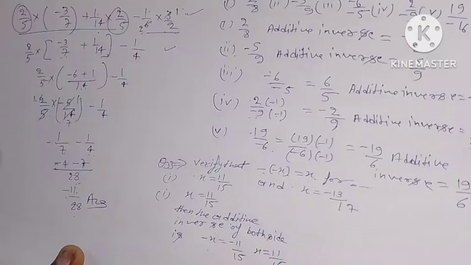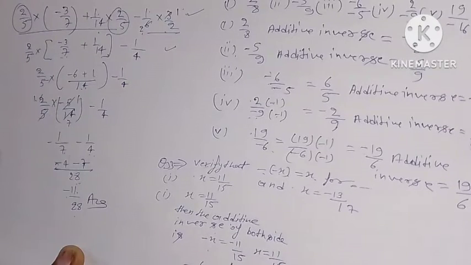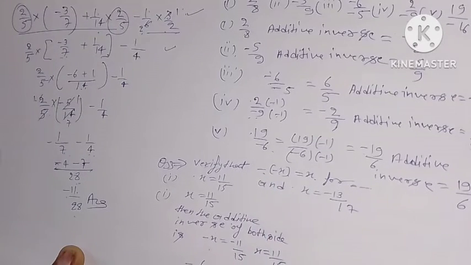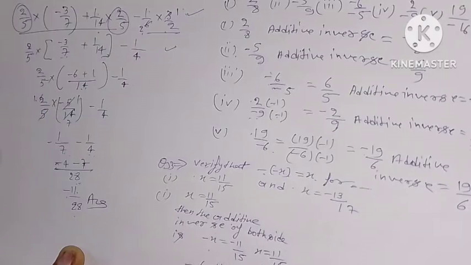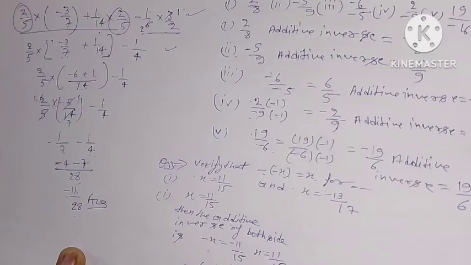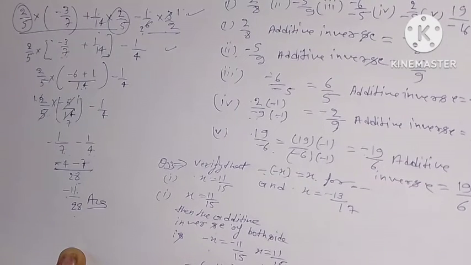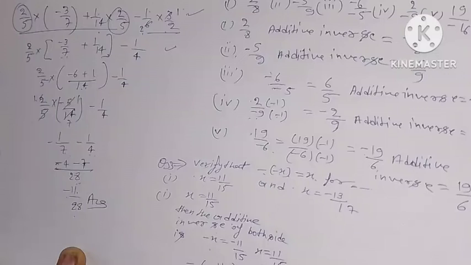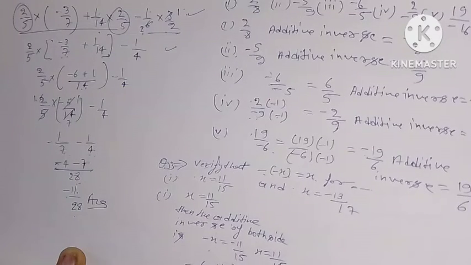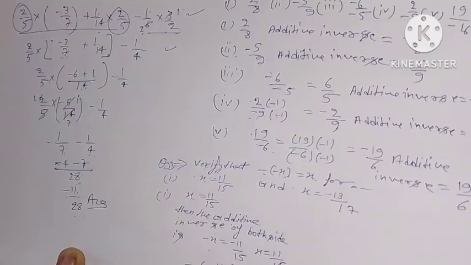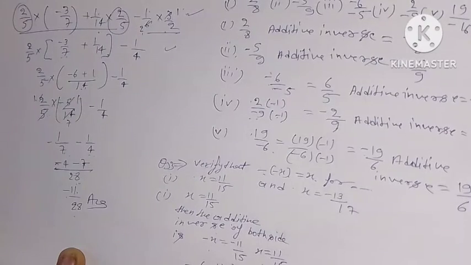Then the value of minus x is minus 11 by 15, and the value of x is 11 by 15. Minus times minus is plus, so 11 by 15 equals 11 by 15.